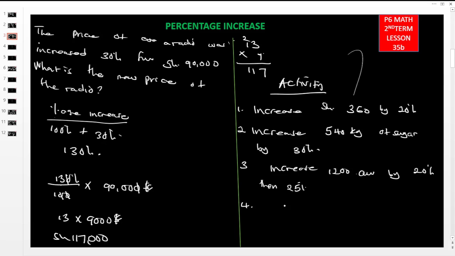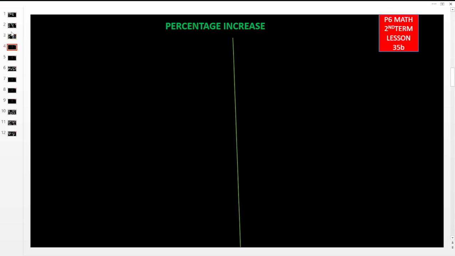Number 4, increase 800 chairs by 50%, then 40%.